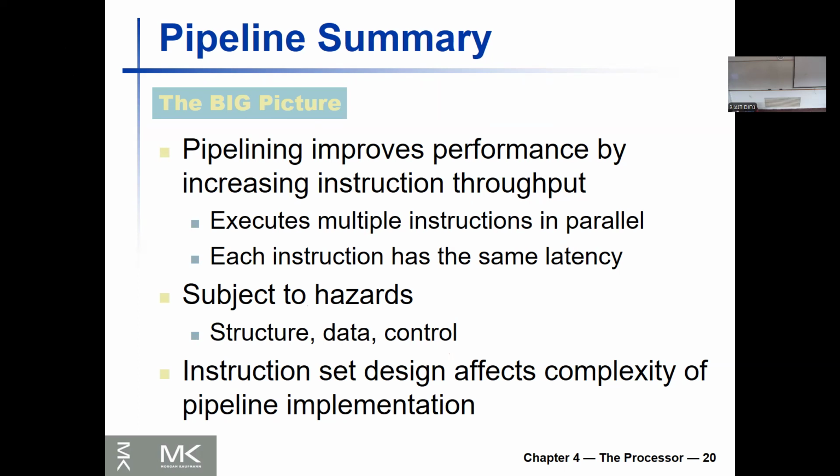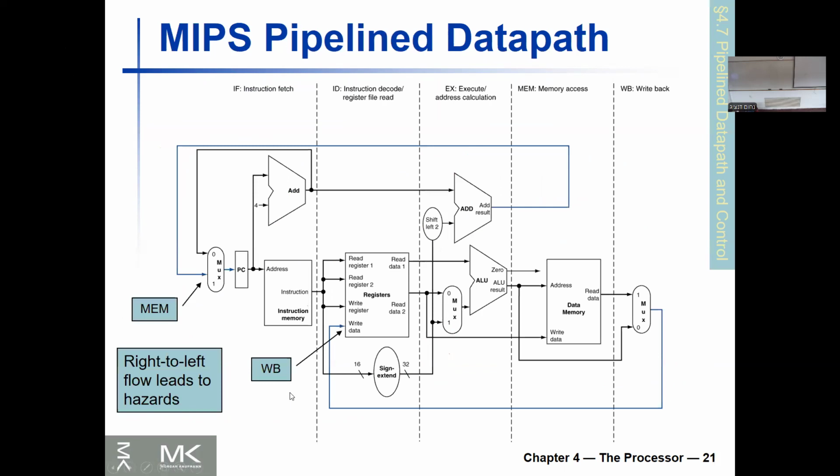We made commands that are simple, which maybe makes the pipelining easier, though we didn't really talk about that. Okay, let's continue. That was all just what we want to do. Now we have to talk about how we could do that.